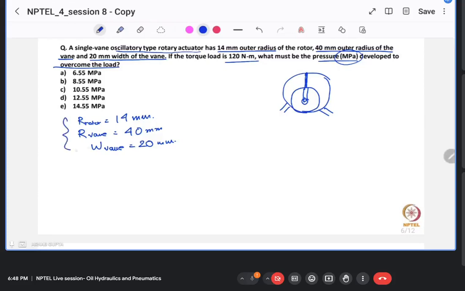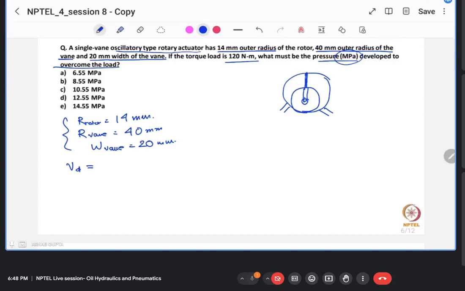These are the geometrical features of the particular motor. So from here you can get the volumetric displacement VD.